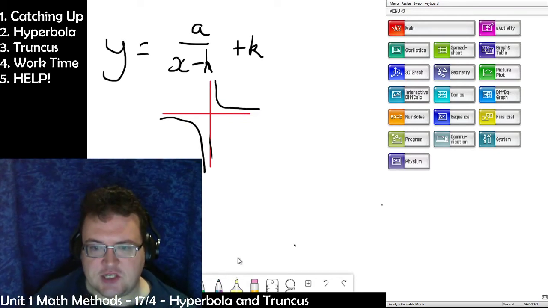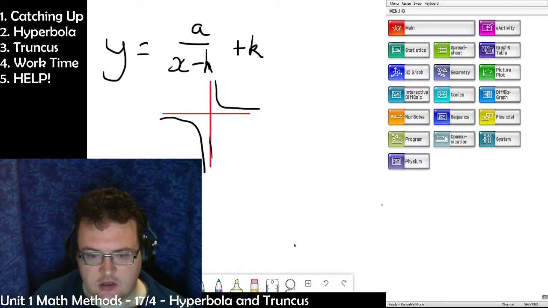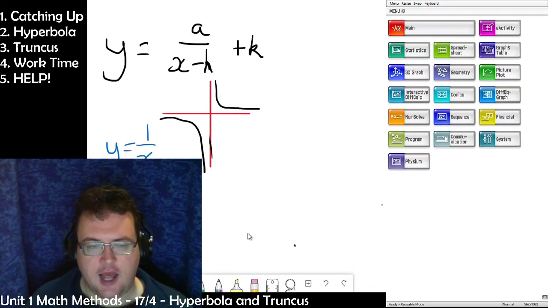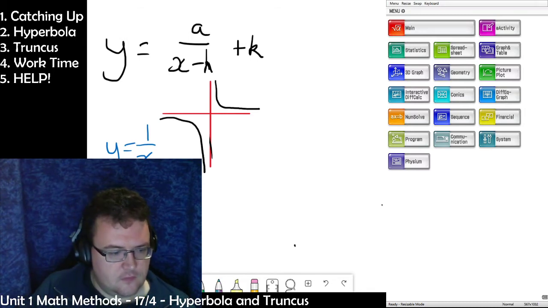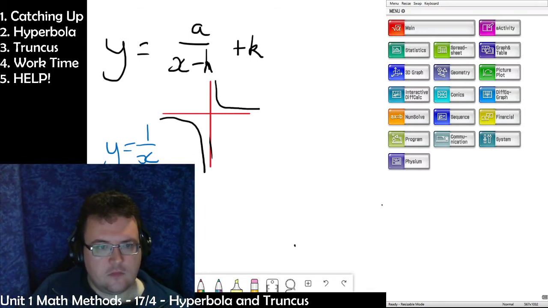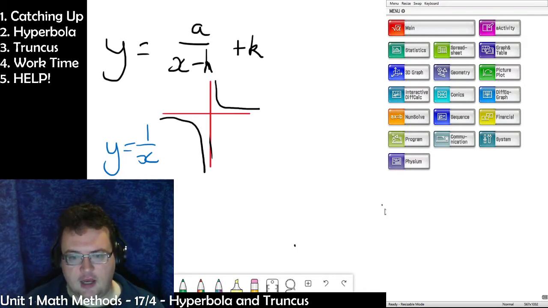Now in this case, h and k are both 0. So this is the equation 1 on x. And what it has created is asymptotes.